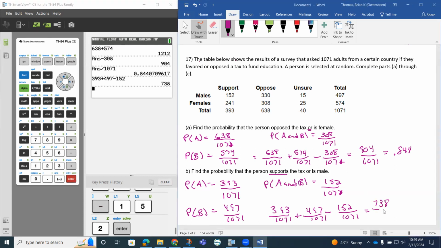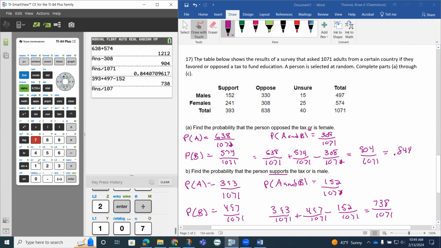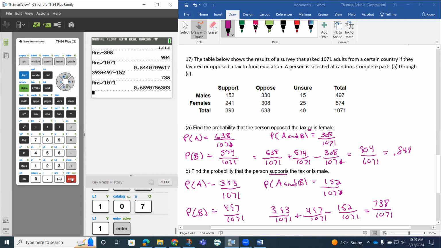So 738 out of 1,071 would be our probability. If we divide that by 1,071, that gives us 0.689. Notice how the word "or" makes us focus on the problem a little differently than our previous lesson. Hopefully you find those examples useful.